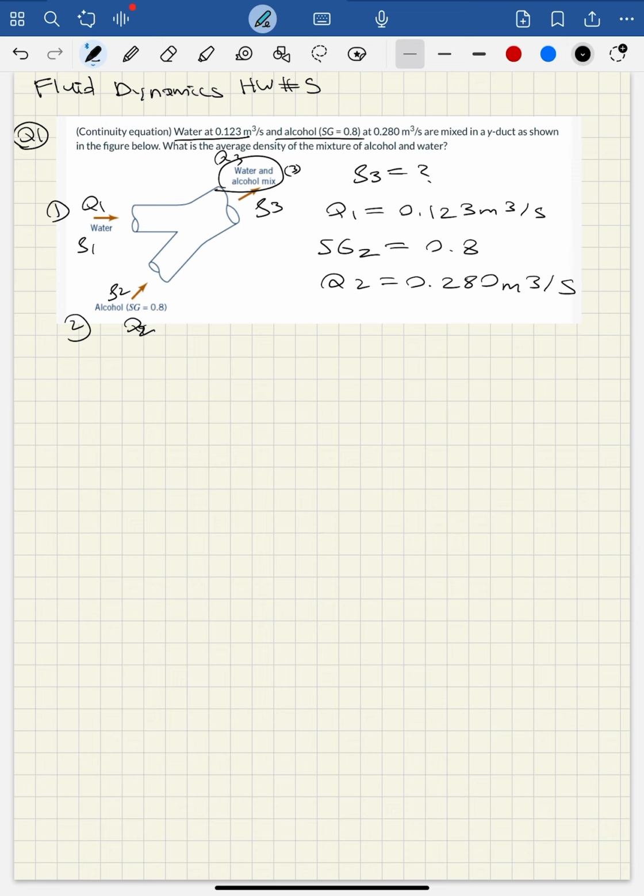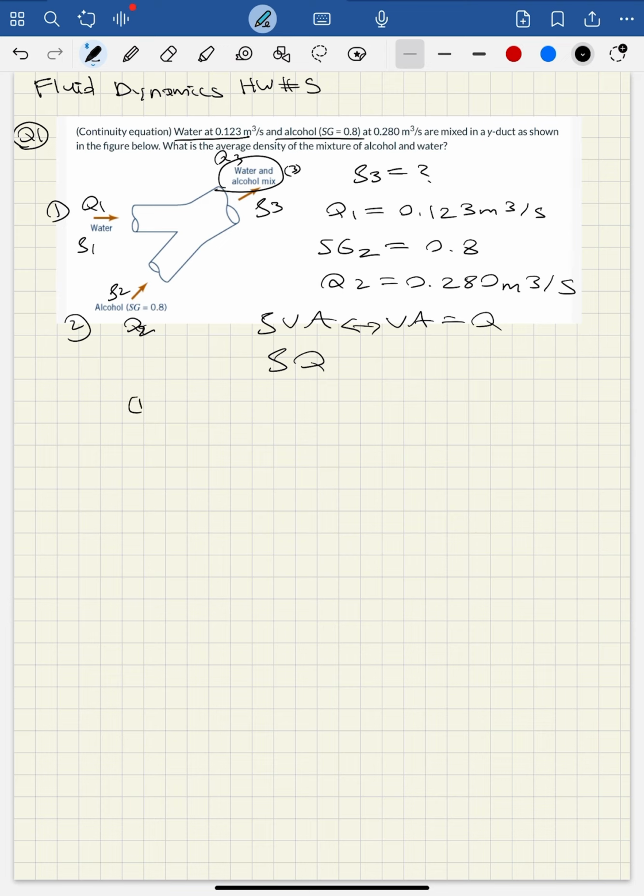Now that we've gotten this far, remember we've been using the equation VA, which is equal to your flow rate, so this would be the same as this. We're going to have two equations.